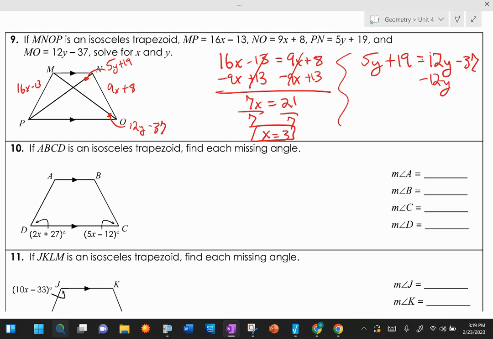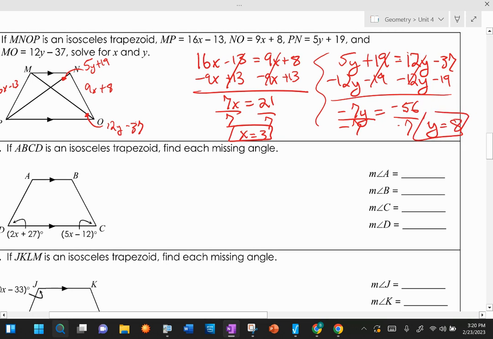Going to subtract 12y and subtract 19. That should give you y equals 8.